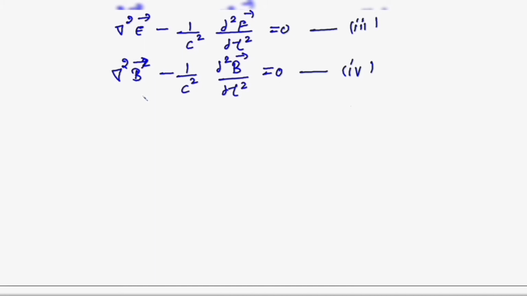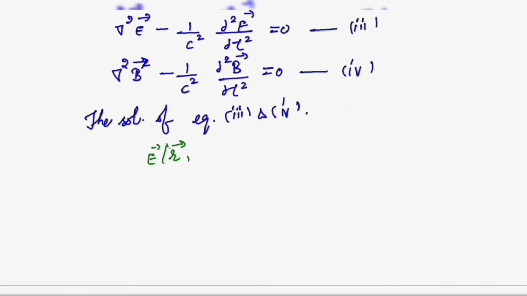So dear students, now we use the solutions of these equations, that is equations number 3 and 4, by using waves in 3D, that is waves in 3 dimensions. So here I write the solution of equations 3 and 4. E vector is directly dependent upon r vector and t.